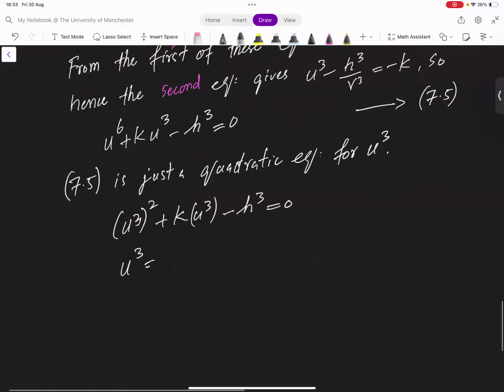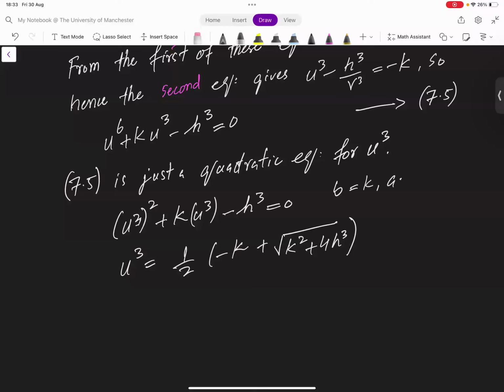Then we have u cube is 1/2 of minus k plus the root of k square plus 4 h cube, because a is 1, b is k, c is minus h cube.